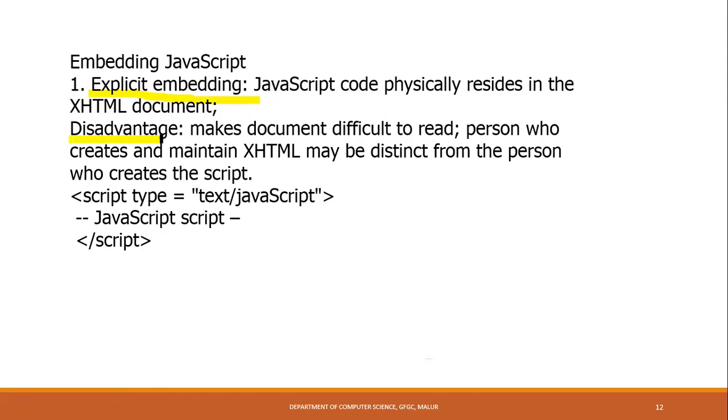But the disadvantage of this is it makes the document difficult to read. So if you are very much aware of HTML and JavaScript, then it will be easy for you to understand, because HTML coding also will be huge, and JavaScript also will be another huge coding, so understanding the program is a little difficult.